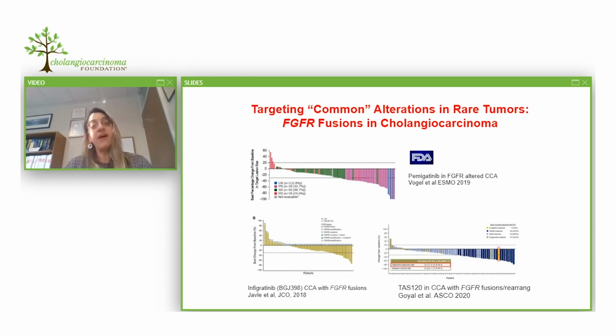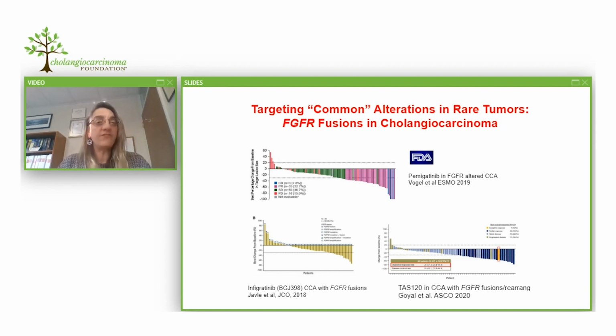These kinds of efforts really have fueled enrollment onto basket trials as well as umbrella trials. And we've already started seeing efficacy signal in some of these trials, as you know. Some examples of genomically relevant targets that seem very promising include FGFR, which is very exciting because this is the first genomically driven target that now has FDA approval.